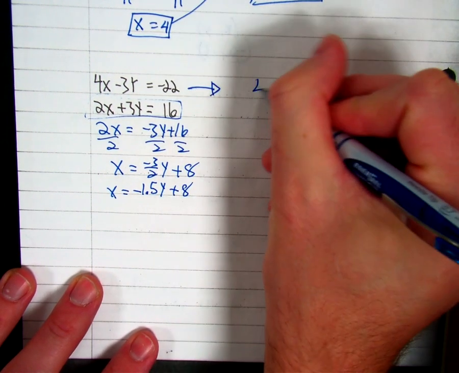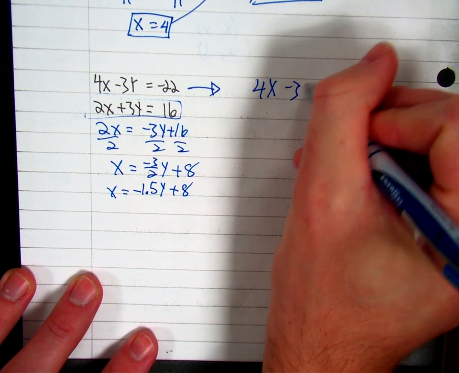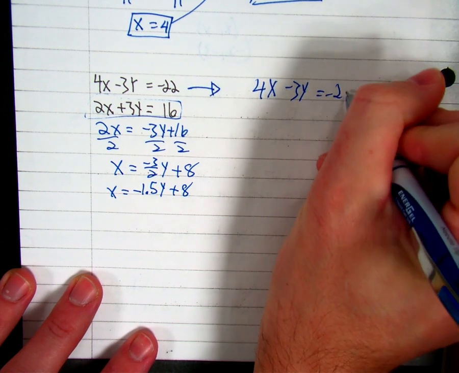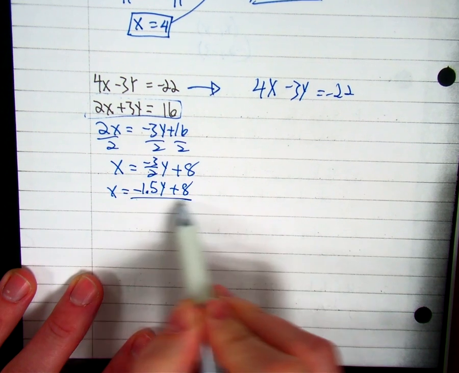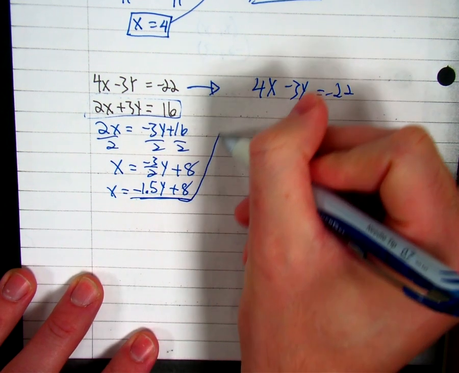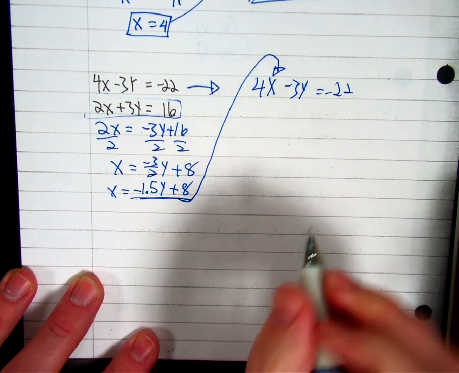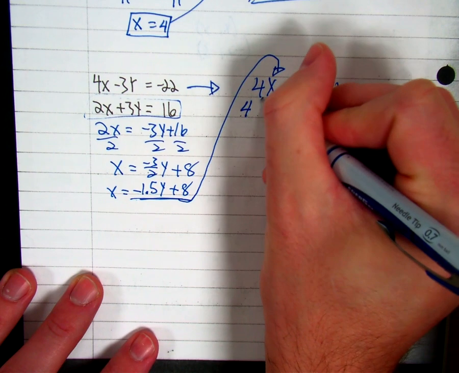Okay, I'm going to slide this equation over. 4 times x minus 3y equals negative 22. All right, and now I know what x is. I have something here for x. We're going to substitute that in for x.